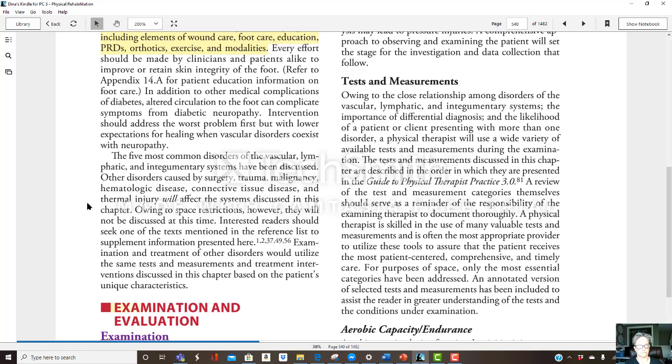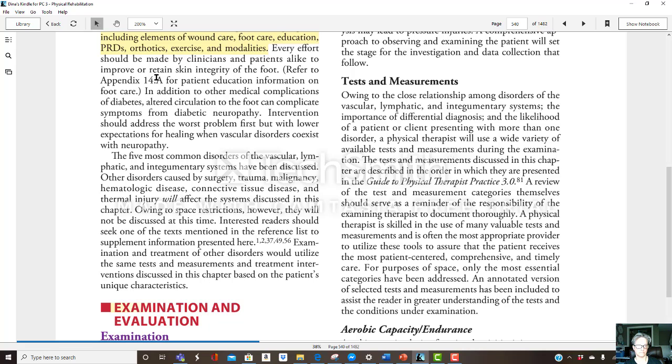The 5 most common disorders of the vascular, lymphatic, and integumentary systems have been discussed. Other disorders caused by surgery, trauma, malignancy, hematologic disease, connective tissue disease, and thermal injury will affect the systems discussed in this chapter.